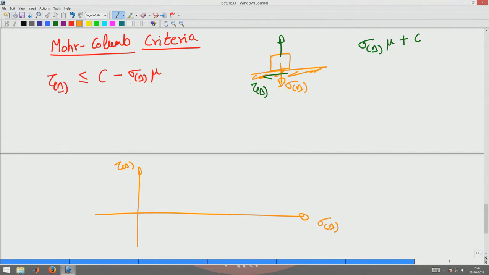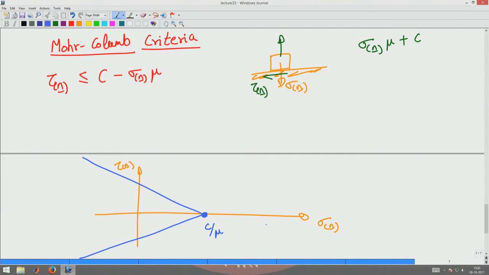So if it has a tensile stress, the shear stress goes to 0 at a particular point. So I have this line, and nothing beyond that. This point is given by C by mu, which is the limiting tensile strength.